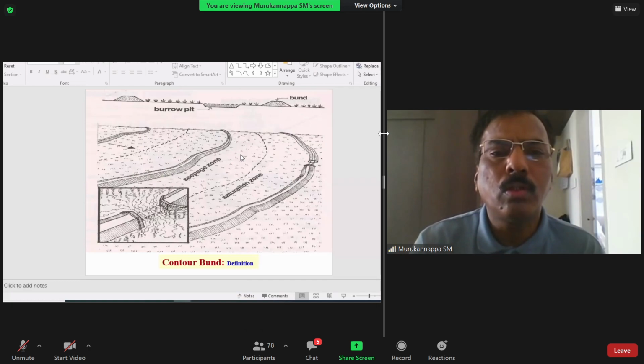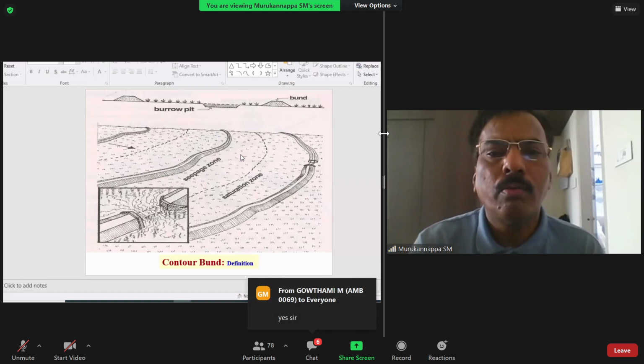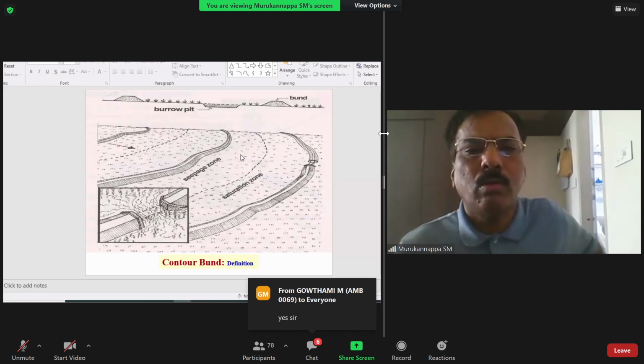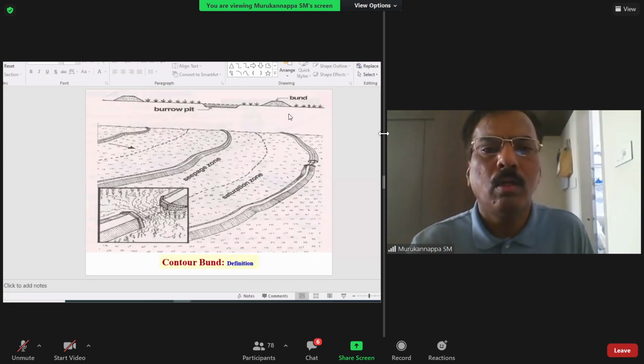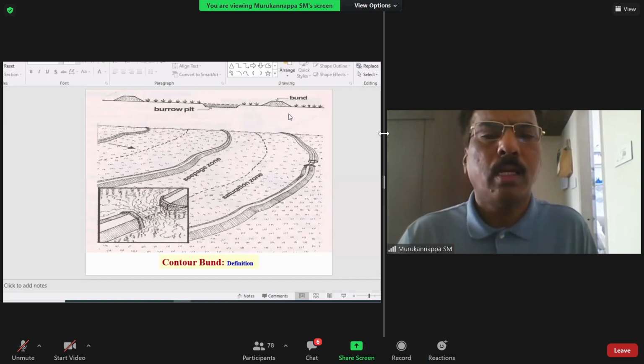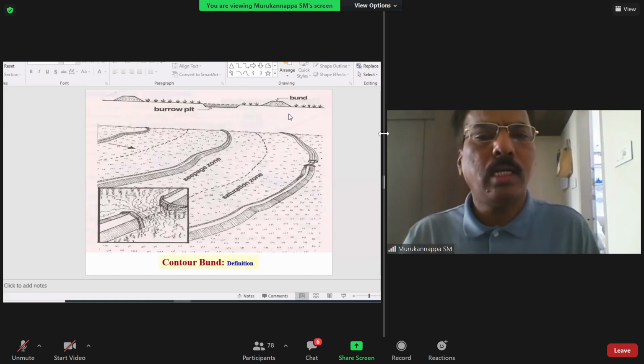Somebody is asking about strip cultivation. Okay. Dilip Kumar, did you get it?